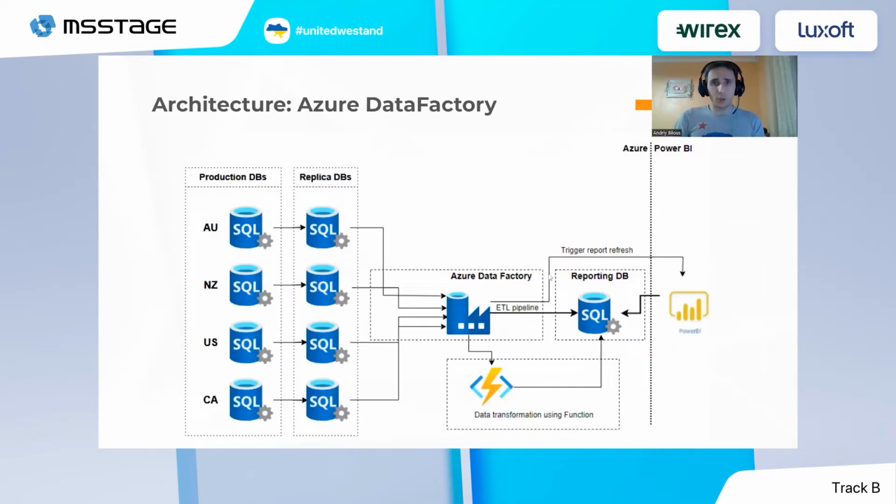Here's the architecture. As you see, we first added replica databases to the current production databases to avoid additional load on the production databases. So we started pulling the data from the replica databases. Azure Data Factory did it really well. Then we wrote our own Azure function to make the transformation. Why do we need it?